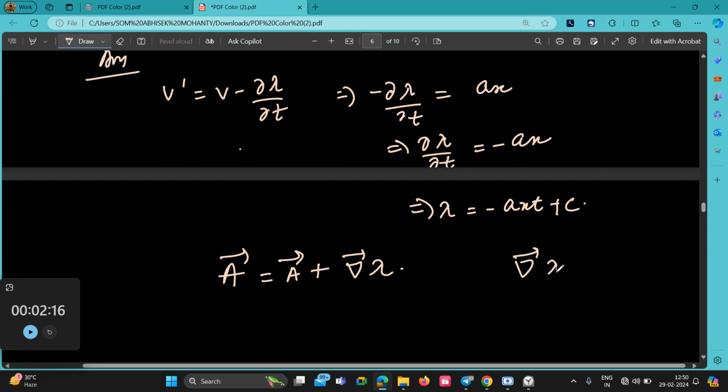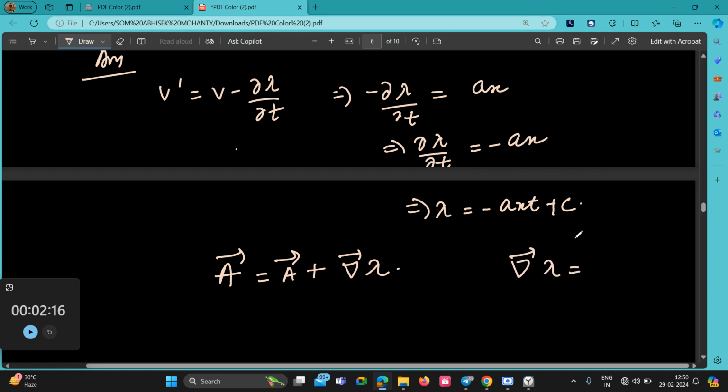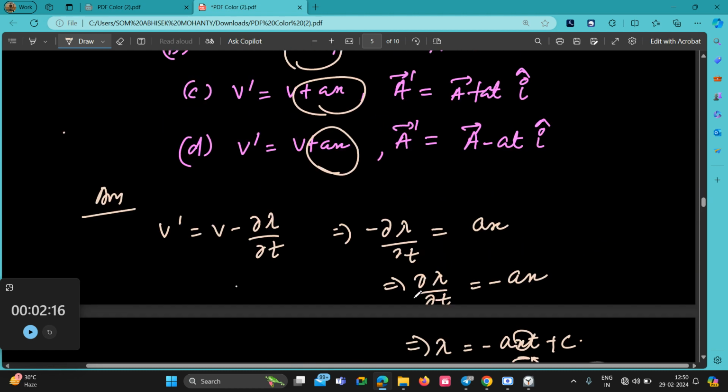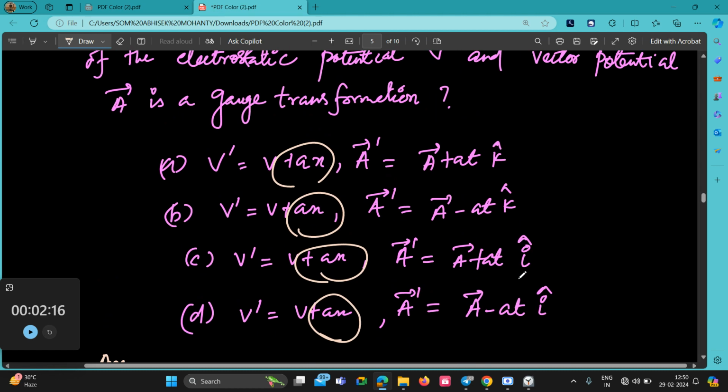So if we take the gradient of λ, that will be minus a t i cap, because x is there. The gradient makes it a vector quantity, and x is there, so it makes it i cap. So A dash will be A minus a t i cap. Okay, that will be the answer.